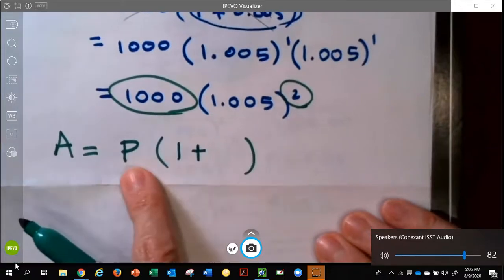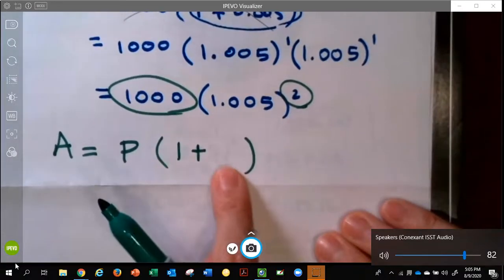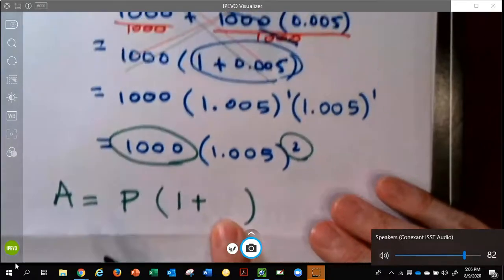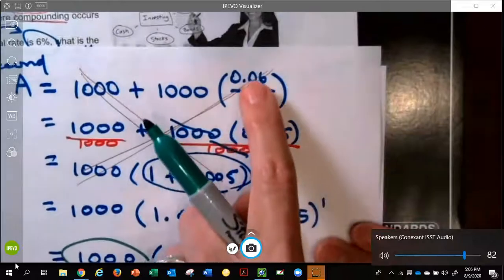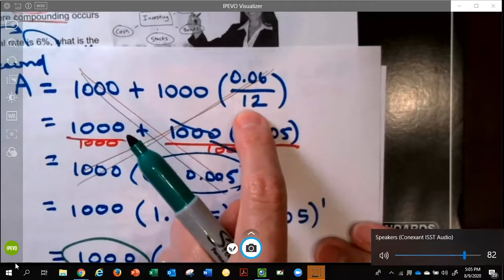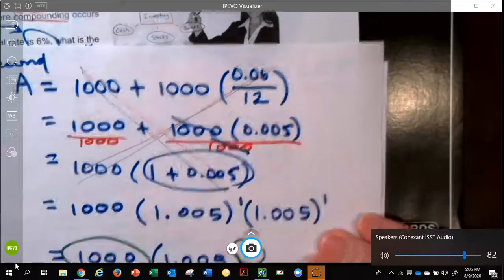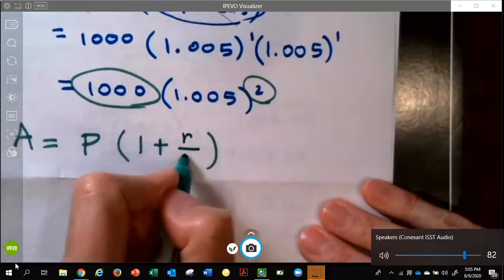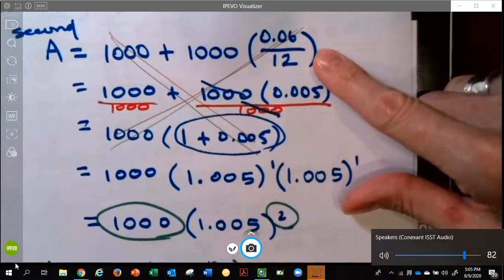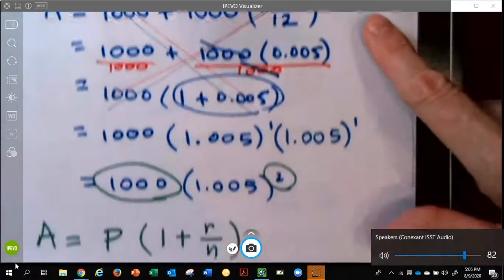Okay, but we use P times 1 plus R, but our R is different this time. It's not based on annual, it's based on the period. And if you look right here, we took our R and we divided by the number of periods, and that's what we're going to write down. It's going to be R divided by N. No biggie. I just got to be able to identify it, write it down, and plug it in carefully.